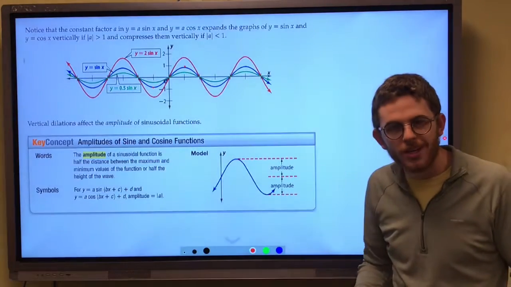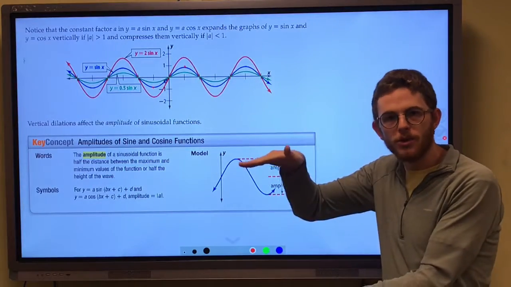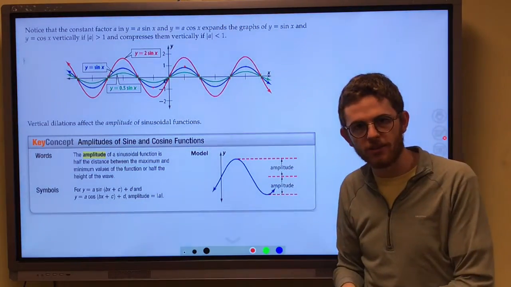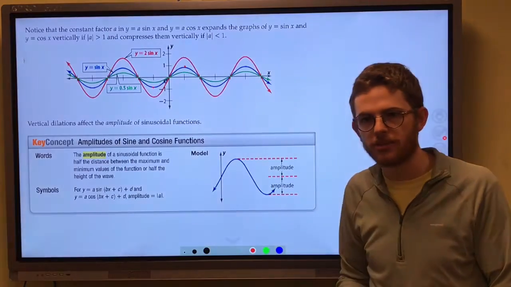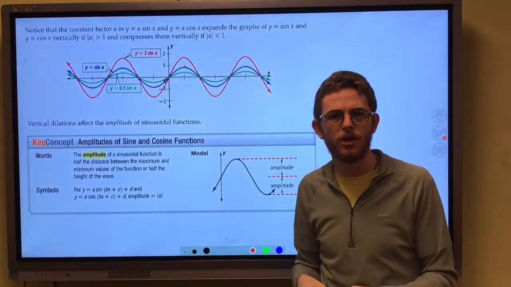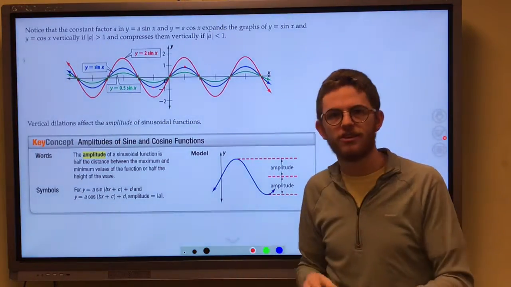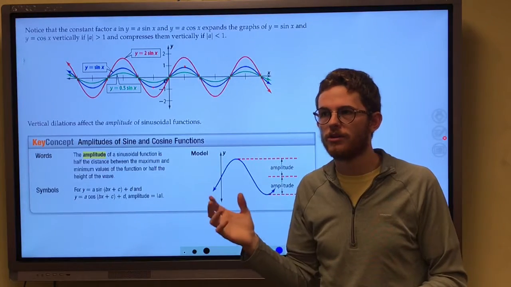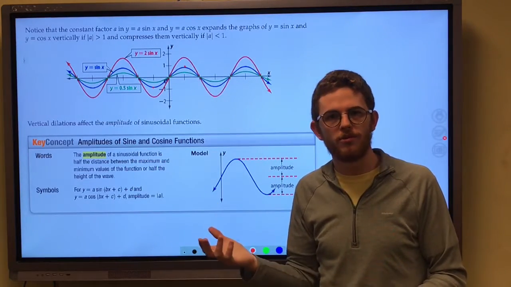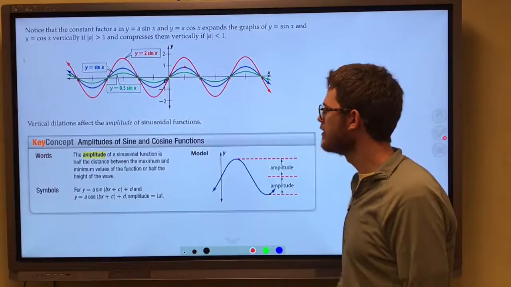The normal is 1 unit away from the sinusoidal axis. And that kind of makes sense because when we think about the unit circle, we think about that distance of 1. So 1 is a number that, okay, that makes sense.